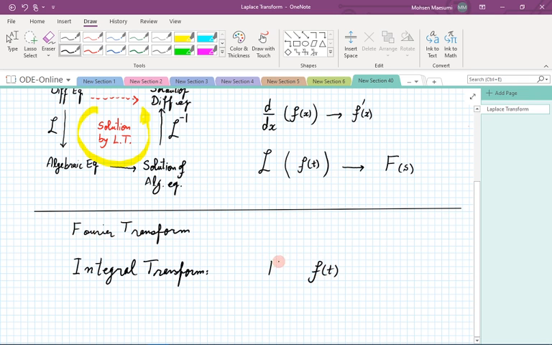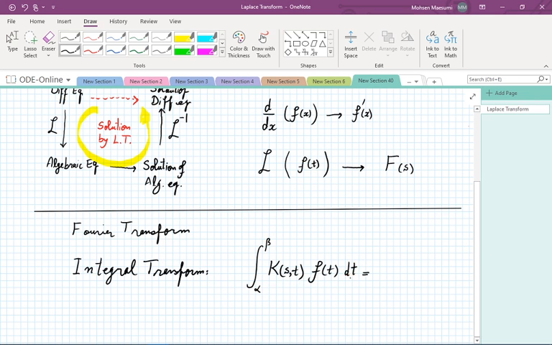This kernel, let's write it k of two variables s and t. So there is a function that depends on the kind of transform you have in mind, that multiplies the first one, and then there is an integration to be done. That's why it's called an integral transform, that starts somewhere and goes to some place, and all of that is going to be integration in t.